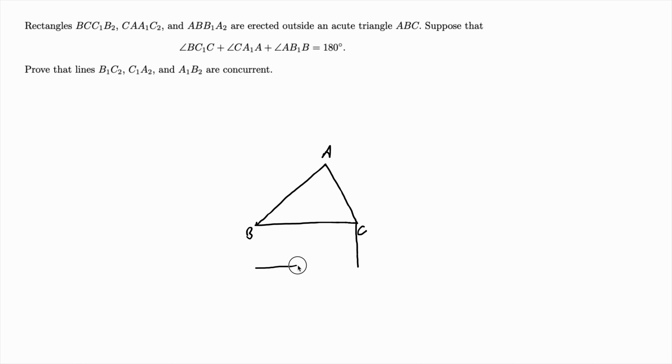I think it's C sub 1 and B sub 2. Then we have B sub 2 here, C sub 1 here, A sub 1, C sub 2, so we have A sub 1 here, and C sub 1, C sub 2.